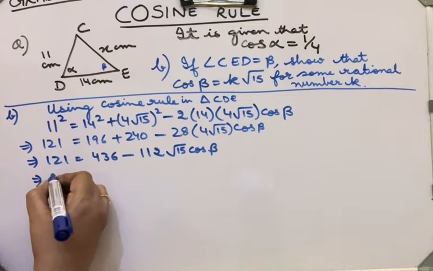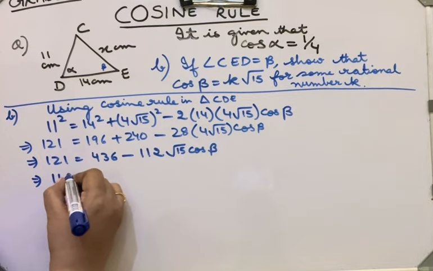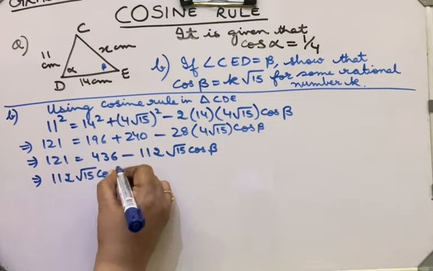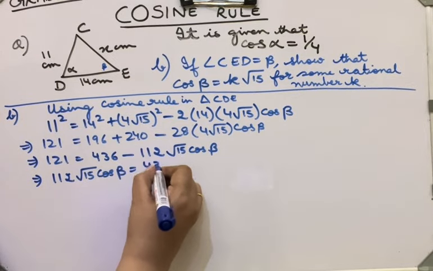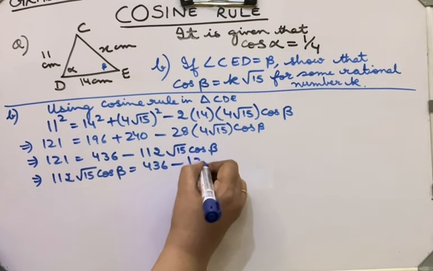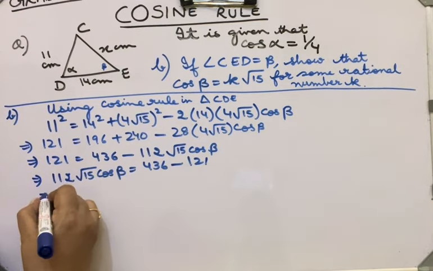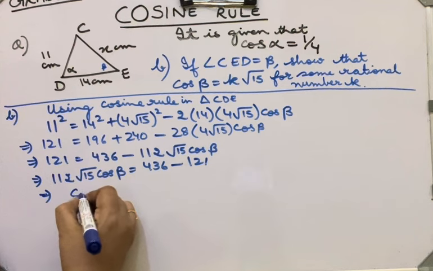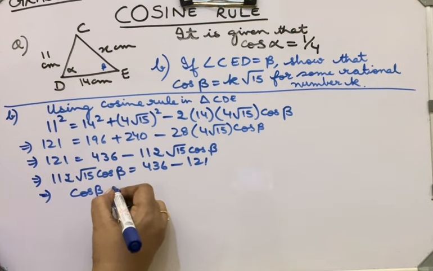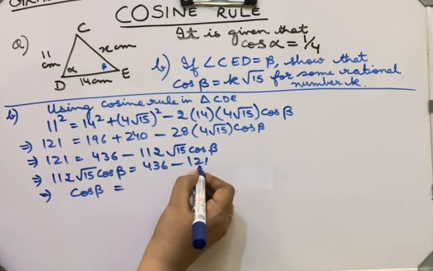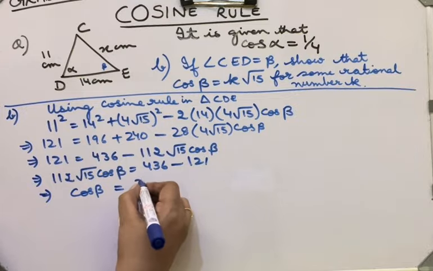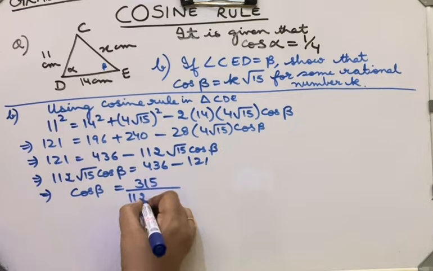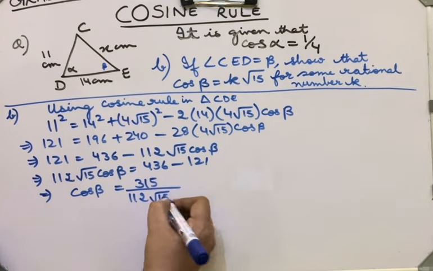Next, now rearranging, what do we get? 112 root 15 cos beta is equal to 436 minus 121. Next, what do we get? Cos beta is equal to 436 minus 121 is 315 by 112 multiplied by root 15.